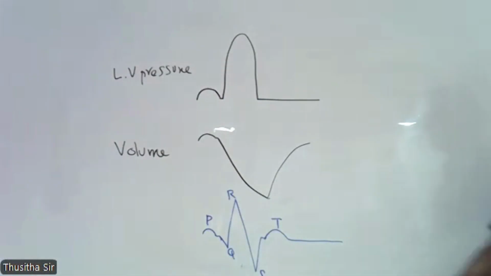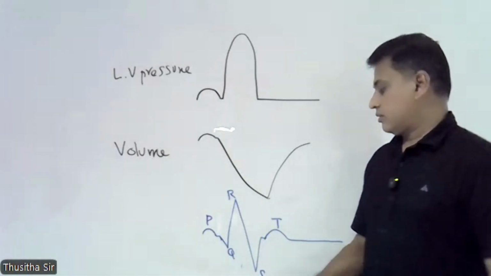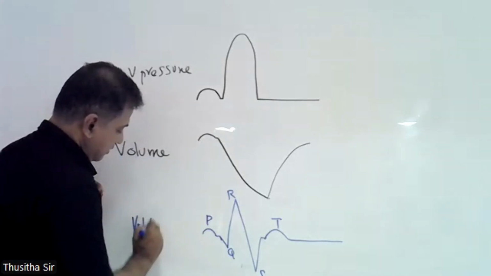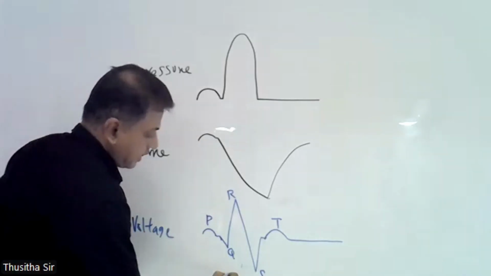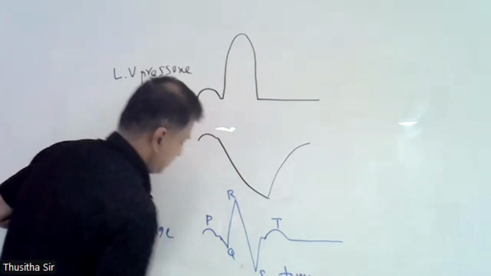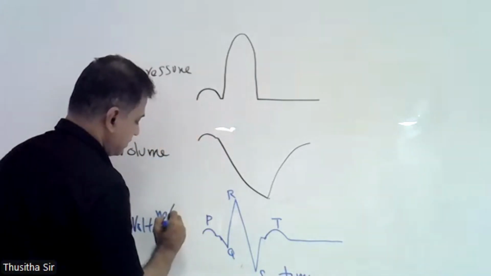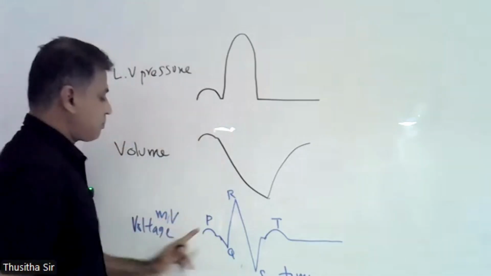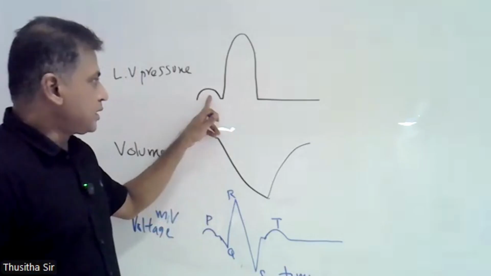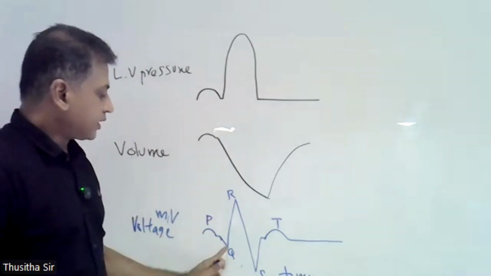Now what you see, this is the voltage, and that's the time, in millivolts. Now P, this peak, represents the depolarization of the atria.